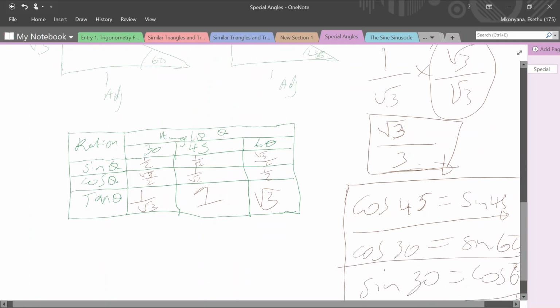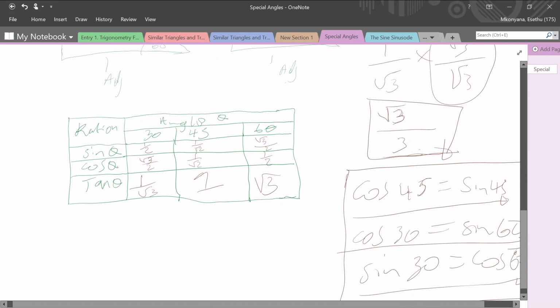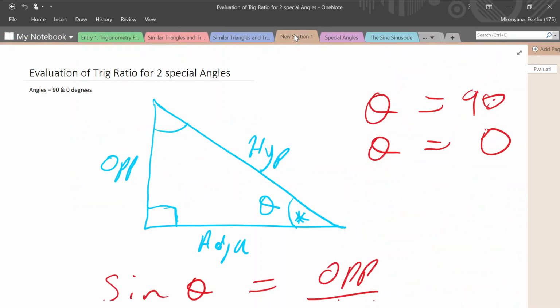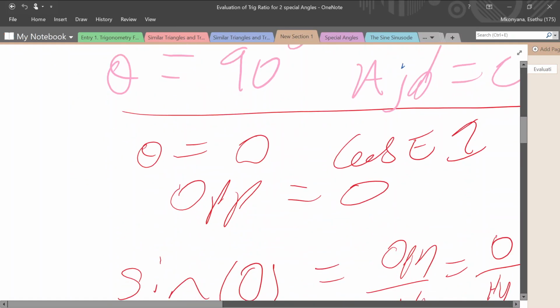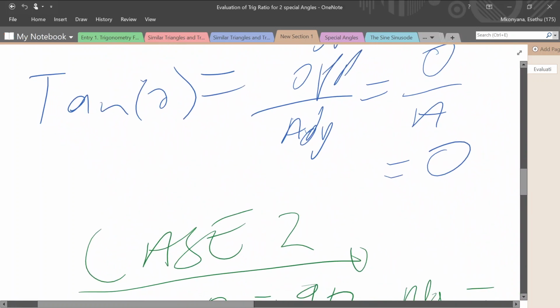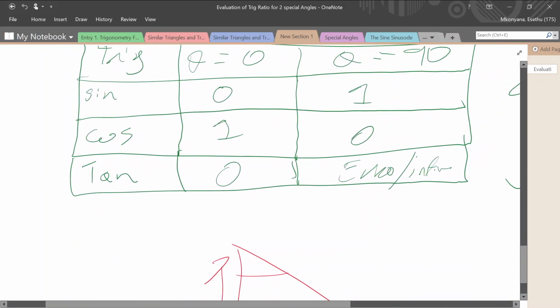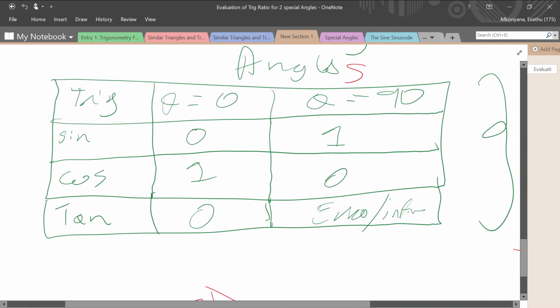You can also add here 0 and 90 and then take their values from this side here and populate that to make sure to include all the 5 special angles between 0 and 90. So you can take this here and go to this 0 column and this 90 column. But don't forget where these analyses are coming from.